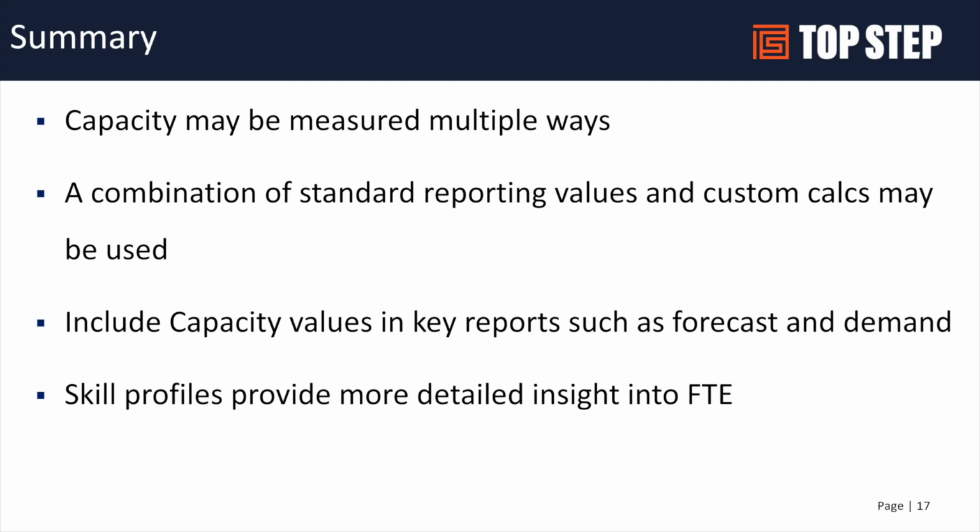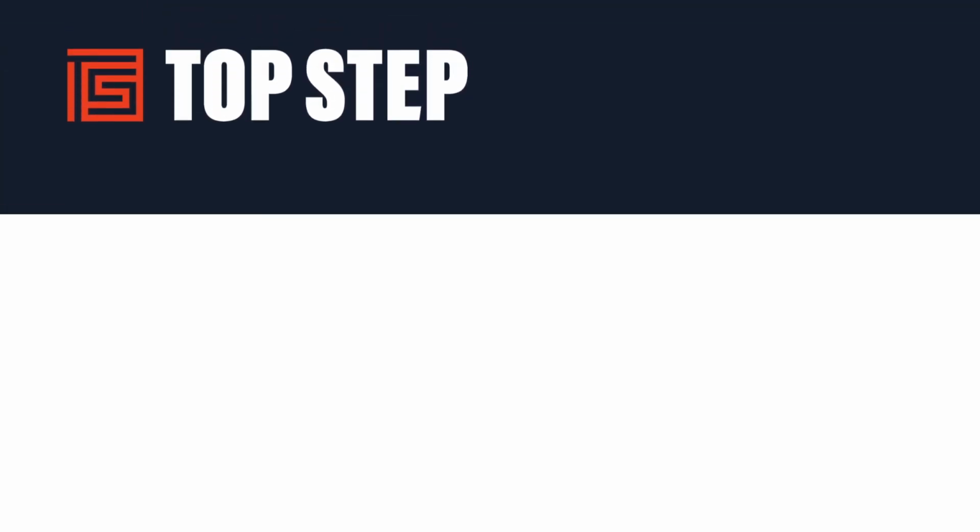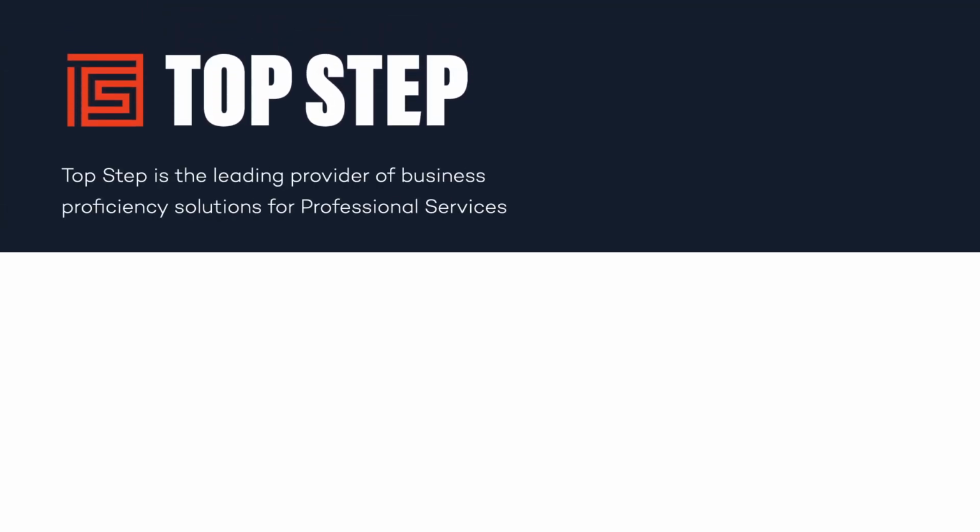You can include capacity reports looking forward, forecasting reports, as well as looking at demand for your backlog in-house. And then also looking at skill profiles. You can get more insight as to your FTEs by skill to be able to determine if you have any holes in your staff for different types of resources you need to deliver projects.